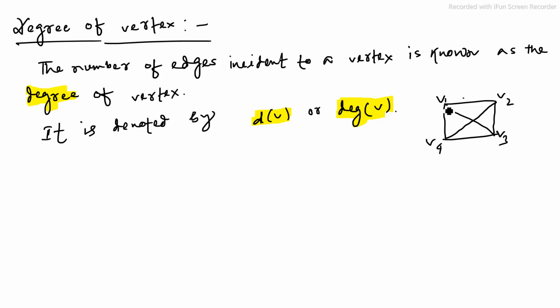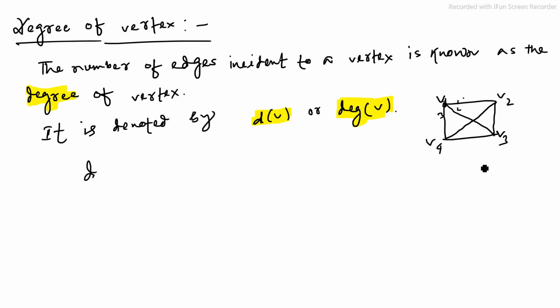That means we count how many edges are connected to each vertex. Here in v1, 1, 2 and 3 edges are incident to the vertex v1. So the degree of the vertex v1 is 3.